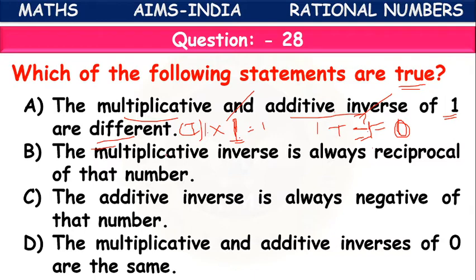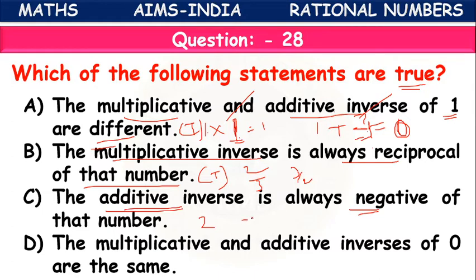Next, multiplicative inverse is always the reciprocal of that number. Correct, because multiplicative inverse means we always take the reciprocal. It is a true statement. Additive inverse is always the negative of that number. If you have 2, its additive inverse is -2.